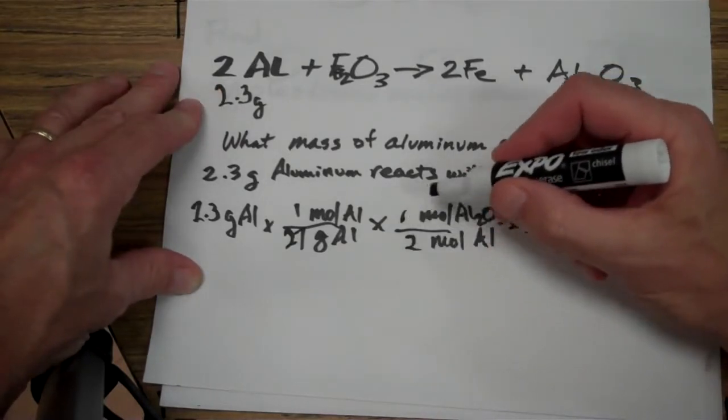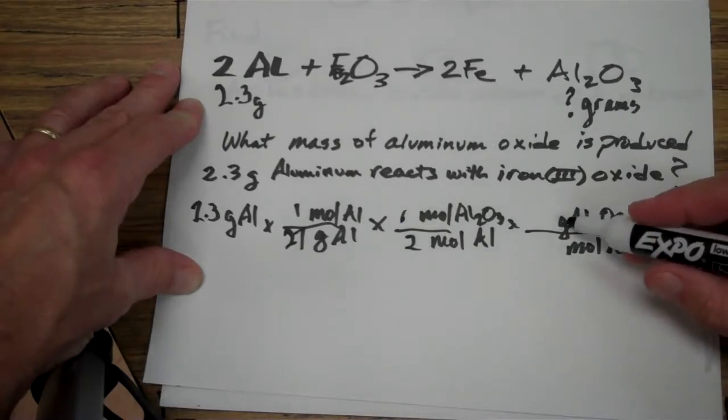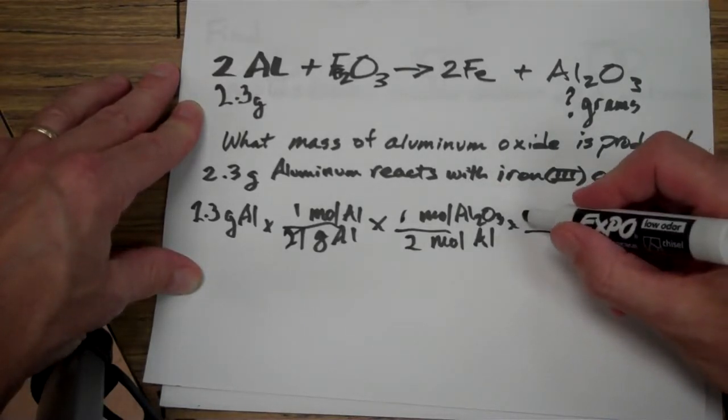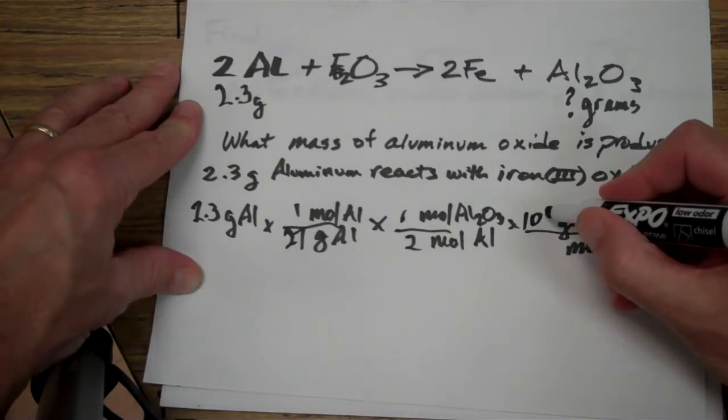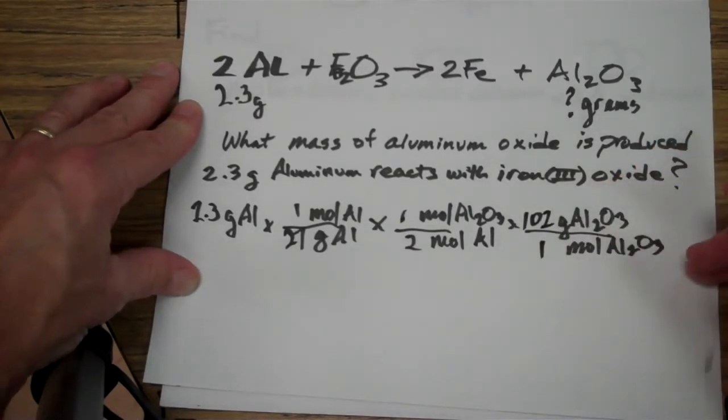So that's my molar ratio from the balanced equation. And now I have to look up my molar mass for aluminum oxide. And going to the periodic table again, I find that the molar mass for aluminum oxide is 102 grams per mole.